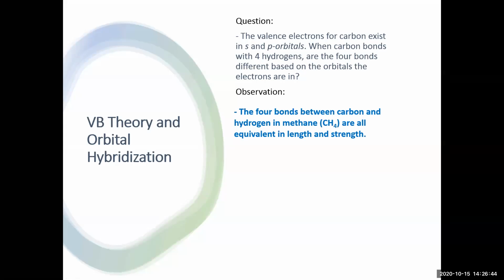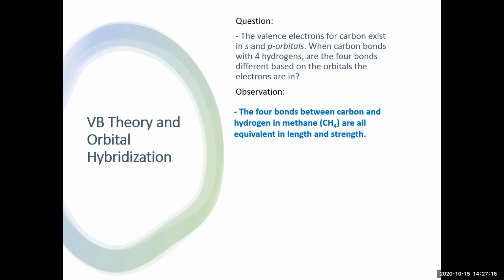The four bonds between carbon and hydrogen in methane, the basic carbon-hydrogen structure, are all equivalent in length and strength. So when we draw the compound like this, all four of these bonds are the same length and strength, which conflicts with our idea that p orbitals are slightly different than s orbitals. So how does this work? And we can use more complicated examples than CH4 and come up with the same kind of conclusion, where the bond lengths and strengths are the same.